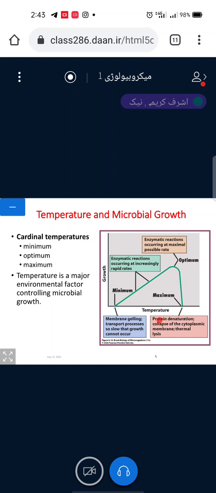At maximum temperature, we have protein denaturation. In high temperature, some proteins and enzymes degrade and denature. Denaturation of proteins and enzymes, collapse of the cytoplasmic membrane, and thermolysis occur at maximum temperature.